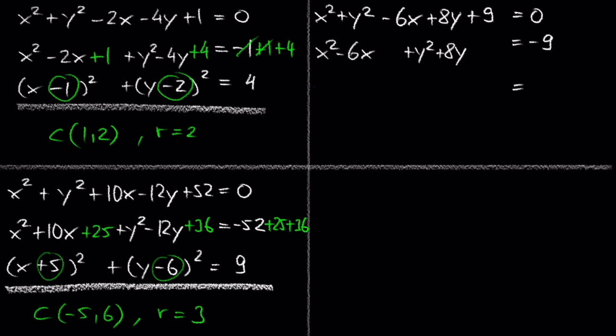The half of 6 is 3 and 3 squared is 9. The half of 8 is 4 and 4 squared is 16. Plus 9 plus 16. Negative 9 and 9 cancel each other out and we keep the 16. The half of negative 6 is negative 3 and the half of 8 is 4.